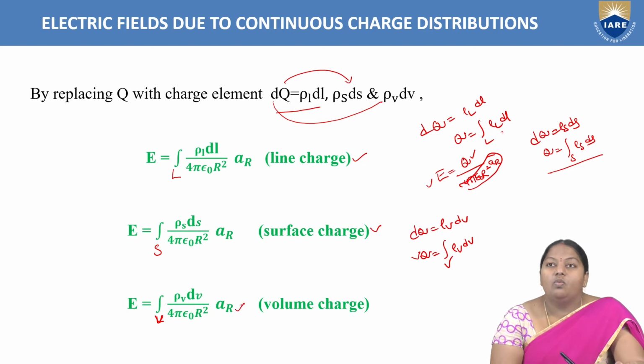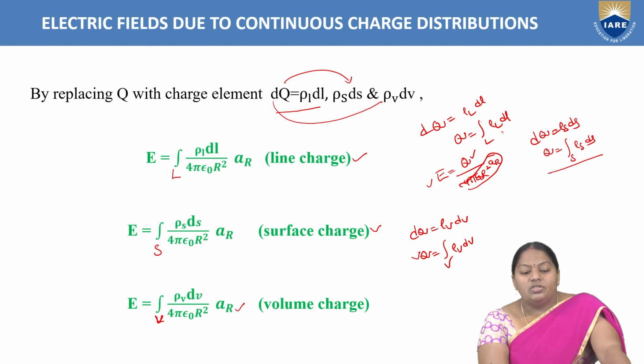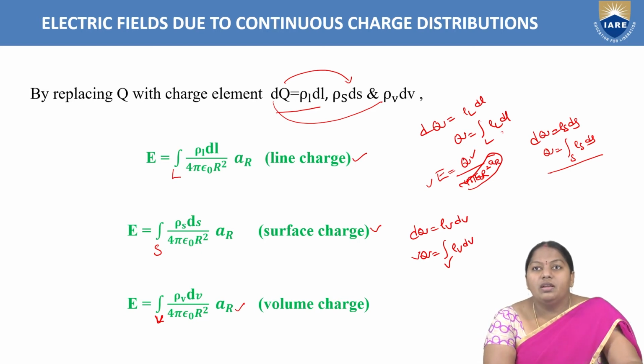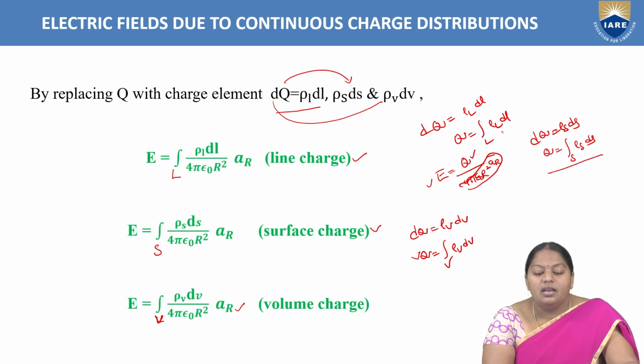And this is for volume charge. So these are the three continuous charge distributions, and we have learned the electric field intensities for the three types: line charge, surface charge, and volume charge.